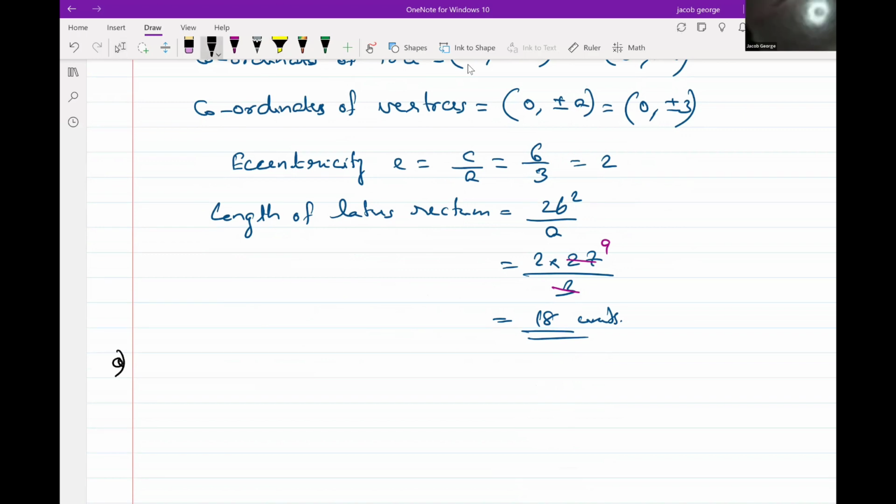Next, 9y square minus 4x square is equal to 36. Please write 9y square minus 4x square equal to 36.